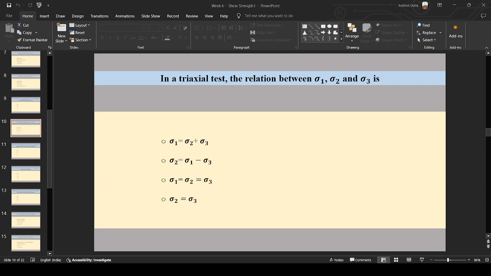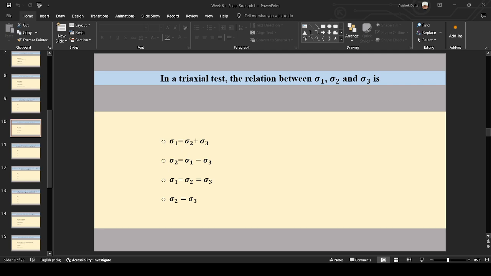So in a triaxial state, what is the relation between these, or what is the difference? What is the relationship between the major, intermediate and the minor principal stresses?